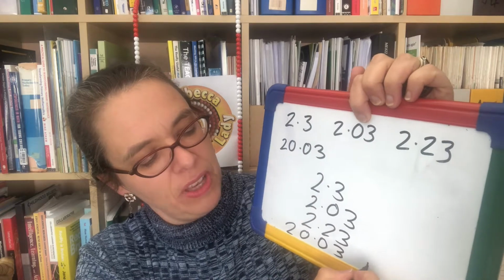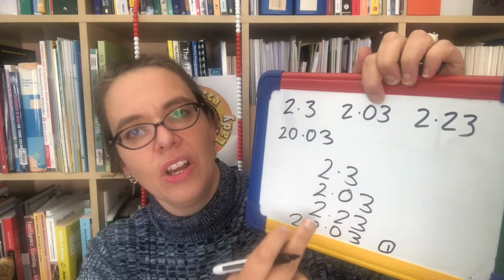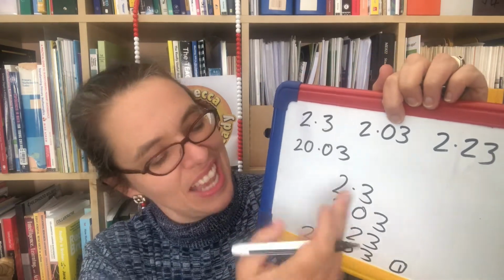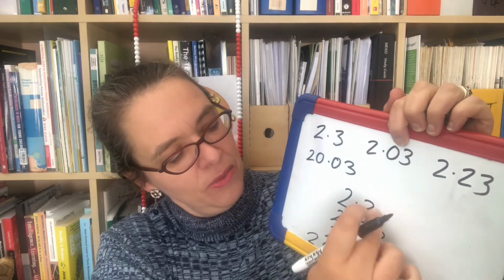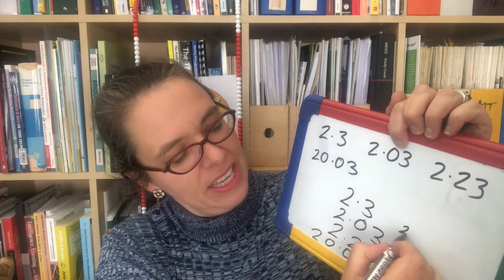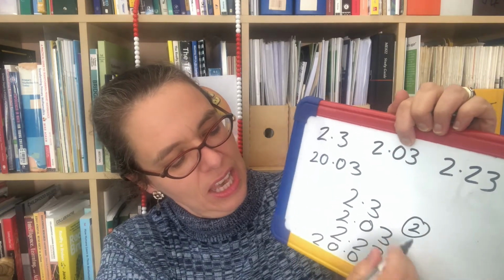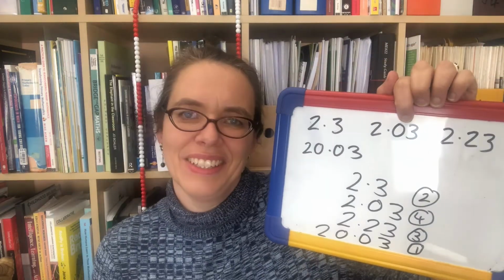So that's going to be first. Then we compare the units column, the ones column, and they're all the same, so that's no good. So we need to move on to the tenths column, the first decimal place, and this number is going to be second, this number is going to be third, and this one is going to be fourth, and we are done. So that's a nice method for them to discover, but not too soon.